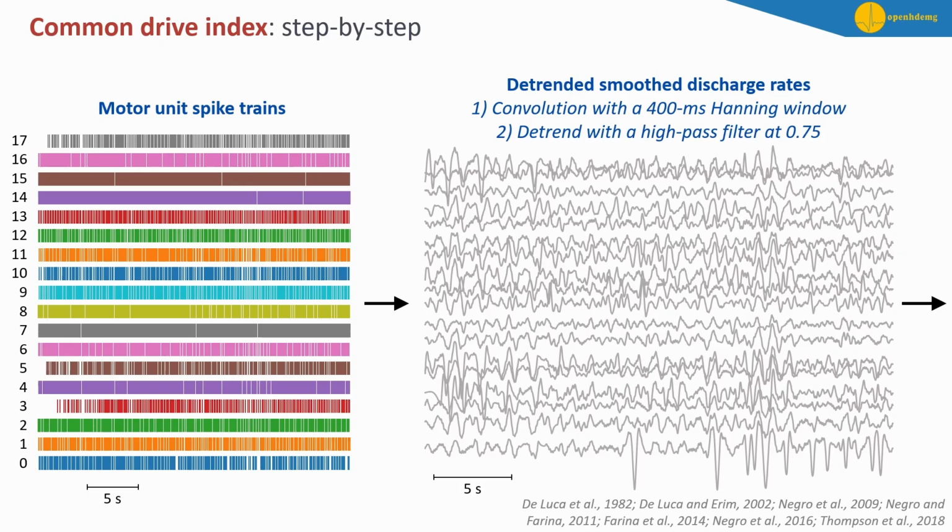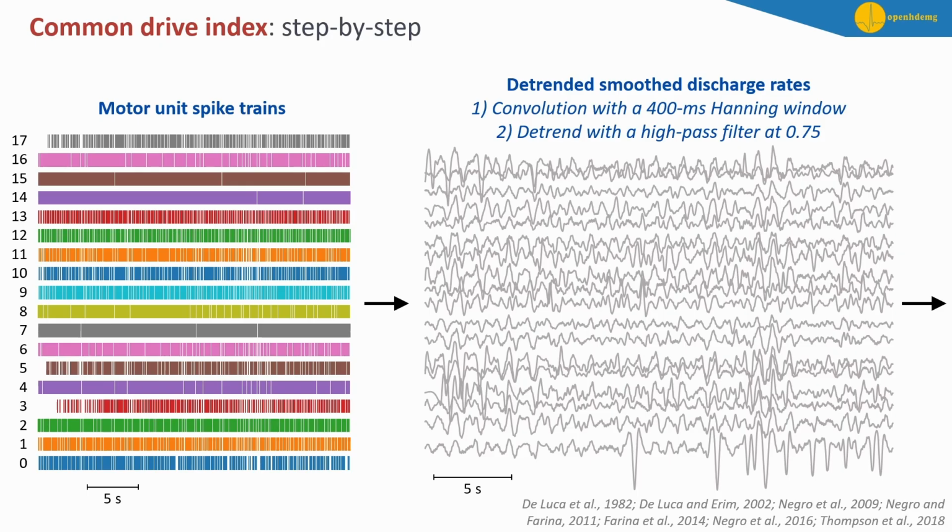We convolve them with a smoothing window, classically a Hanning window, and commonly this window has 400 milliseconds. This is equivalent to low-pass filtering the discharge rates at approximately 1.8 hertz, so we are looking at the very low frequency discharge rates of the motor units.